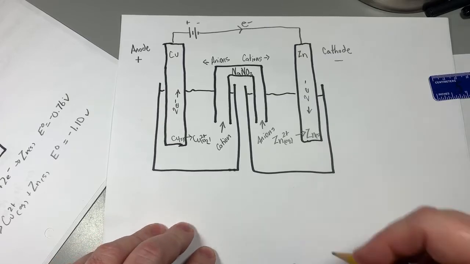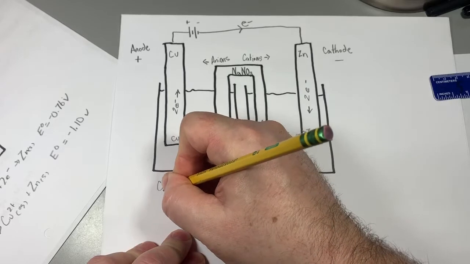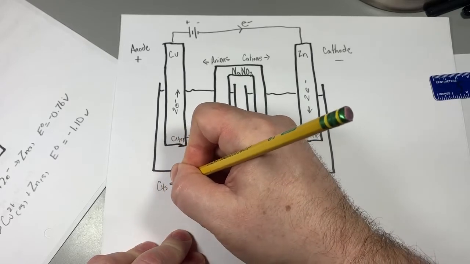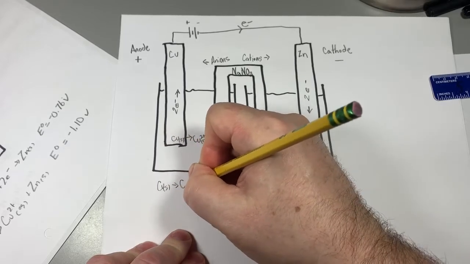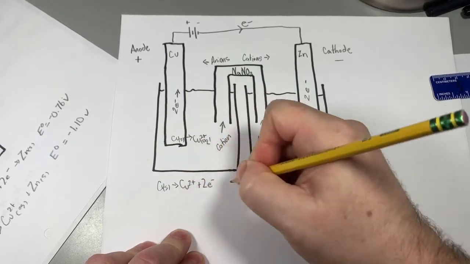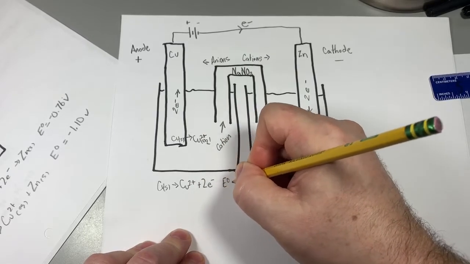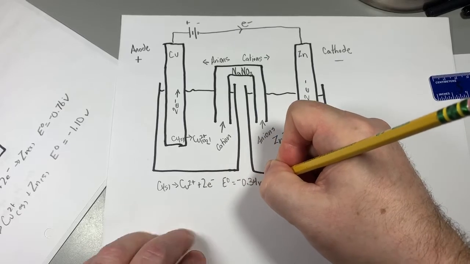So our reactions here, at the anode, we have copper producing Cu2+ plus 2 electrons. E naught is negative 0.34 volts.